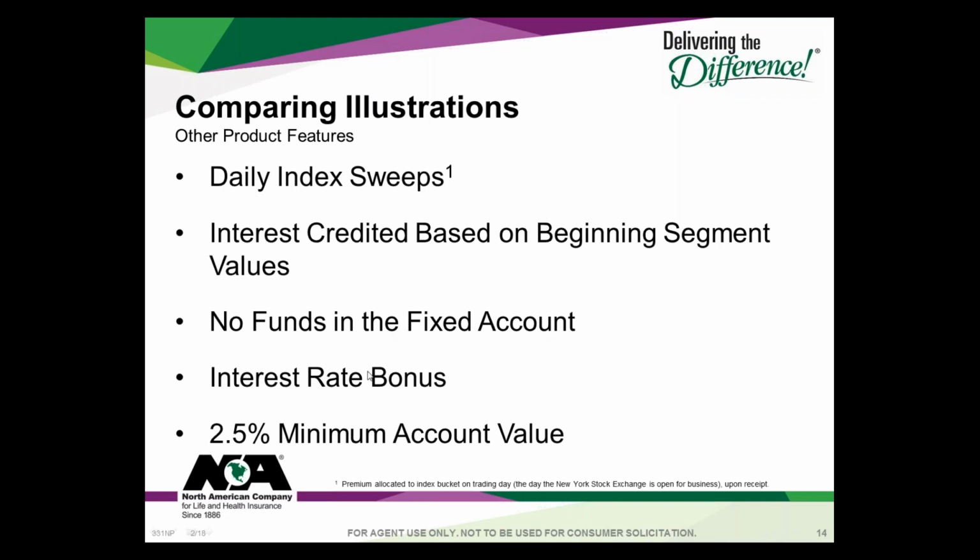That's a nice deal. Interest rate bonus. Remember, our interest rate bonus is contractually guaranteed on the indexed account. It's conditionally guaranteed on the fixed account, but contractually guaranteed interest rate bonus on the index account. That's a nice thing. And the 2.5% minimum account value. That there's some element of return that they're going to get at least on policy termination or the true-up period of 10 years.